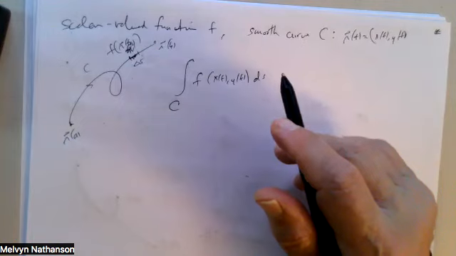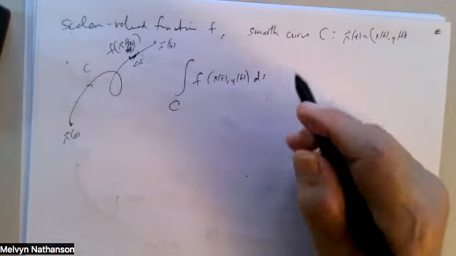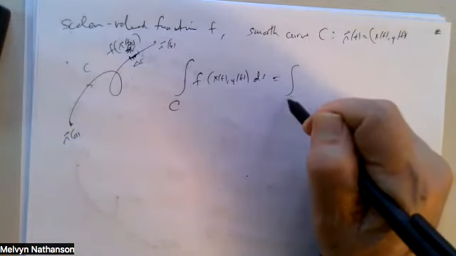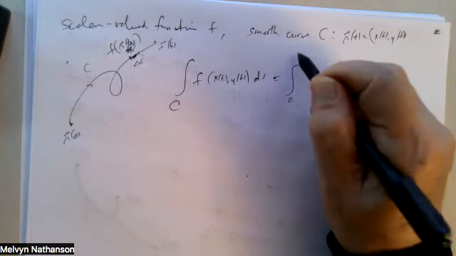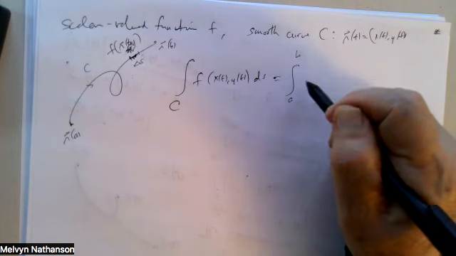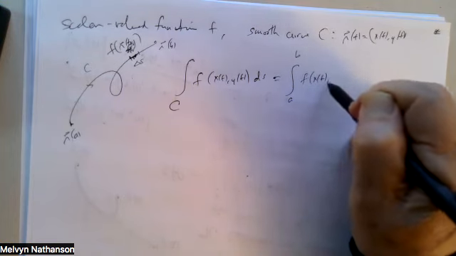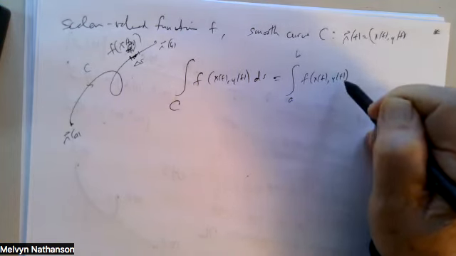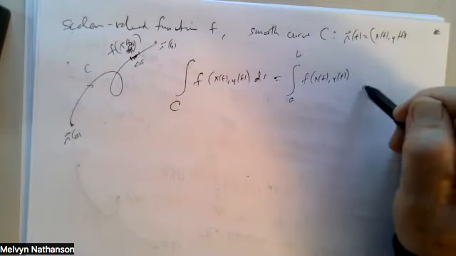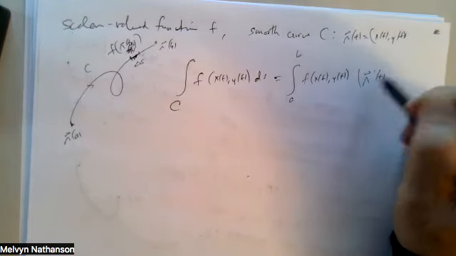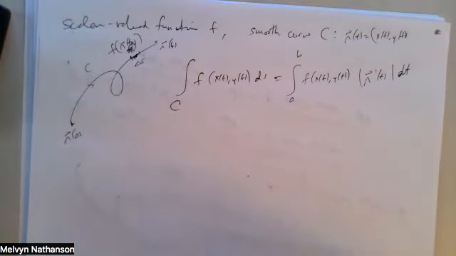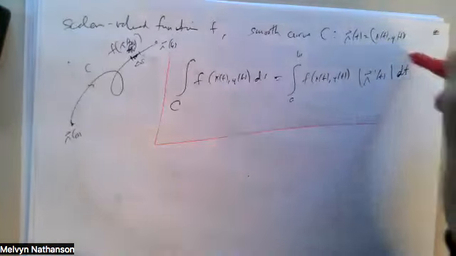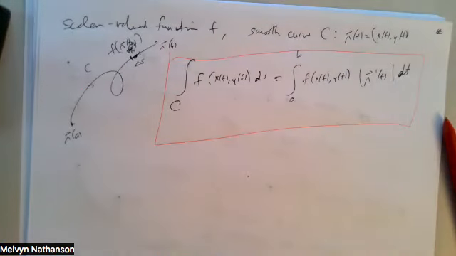But there's a simple formula to calculate that, which, or you could even, if you like, take this as a definition: the integral from a to b of f of x of t, y of t, ds, which is the length of r prime of t, dt. It's a somewhat complicated formula, but the formula you have to memorize.